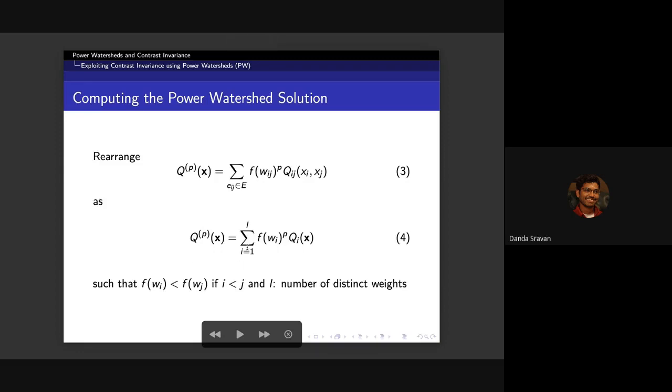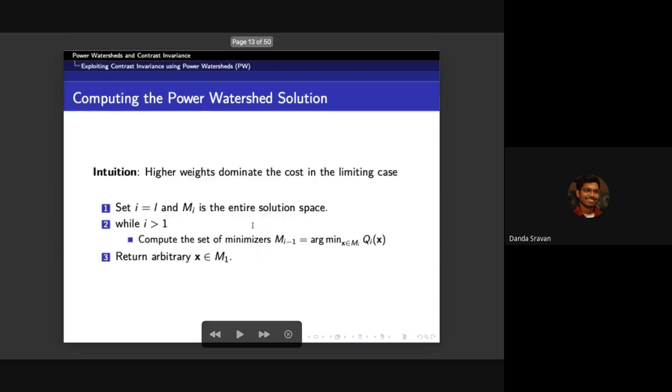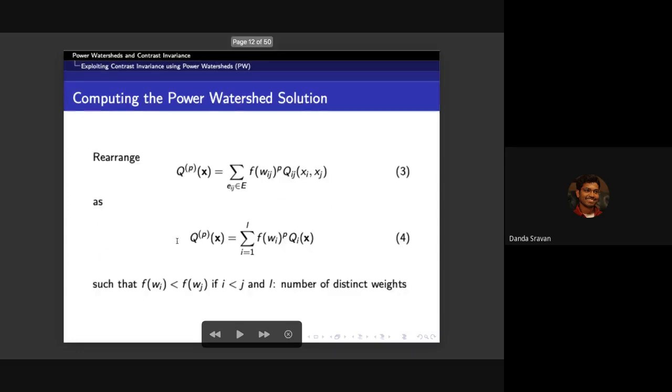Here I ordered with respect to increasing order. So I start with the highest edge weight, which is i equal to L, and I start with the entire solution space. First I compute the minimizers at the highest level. At weight WL, corresponding to this term, I have QL of x.